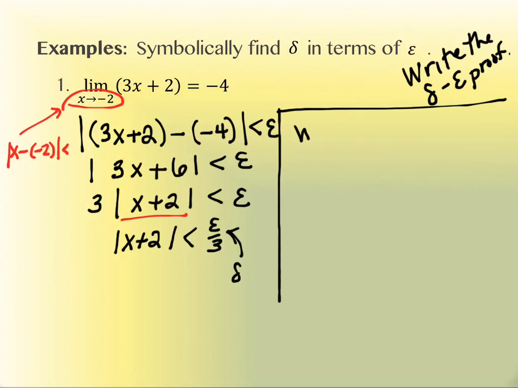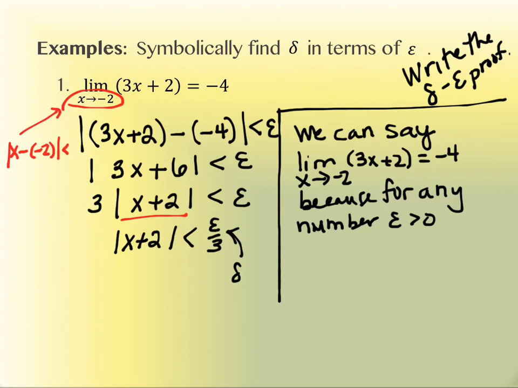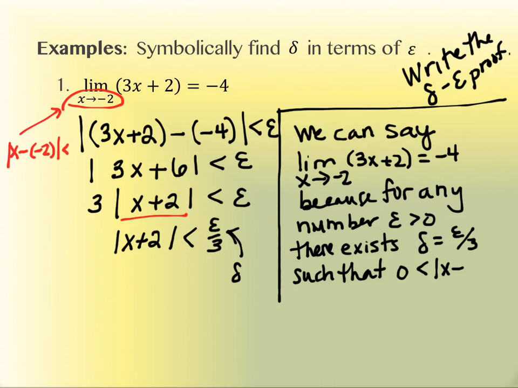So it's going to say something like this. We can say the limit as x approaches negative 2 of 3x plus 2 equals negative 4 because for any number epsilon greater than 0, there exists a delta equal to epsilon over 3, such that 0 less than the absolute value of x plus 2 less than delta, which is equal to the epsilon over 3.